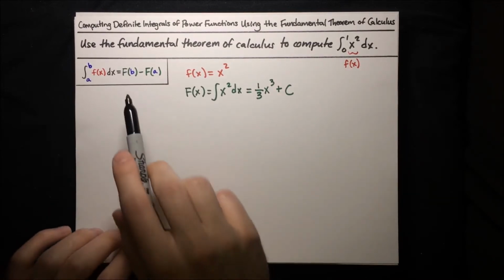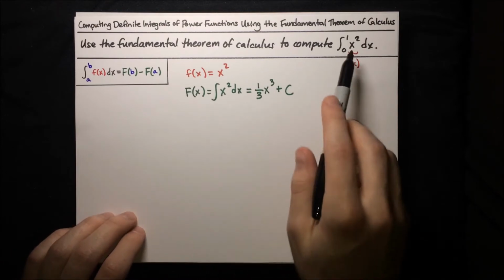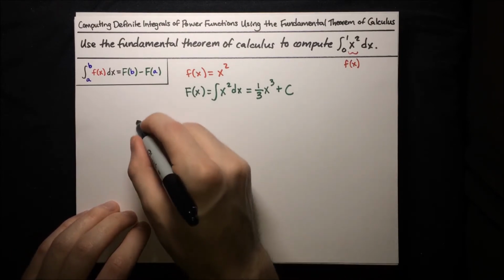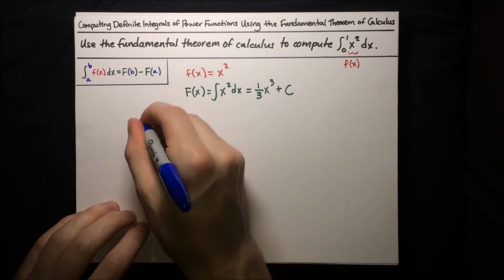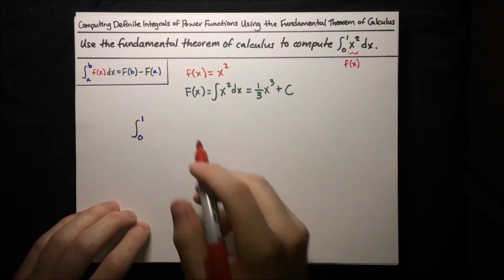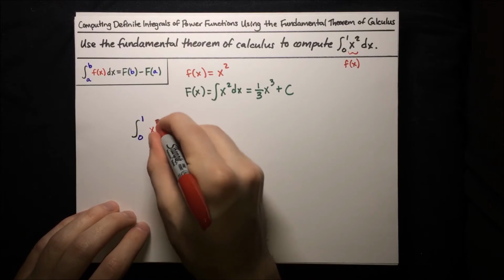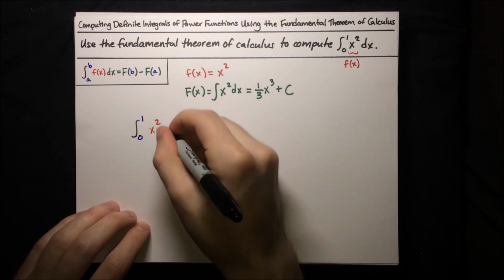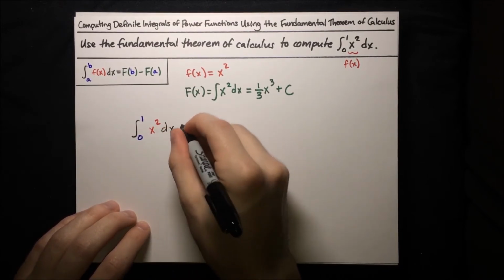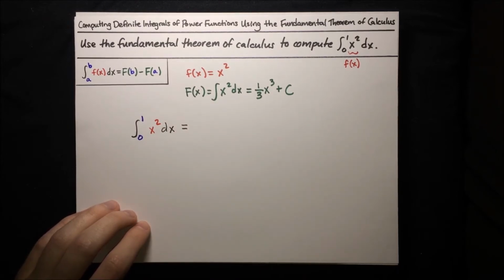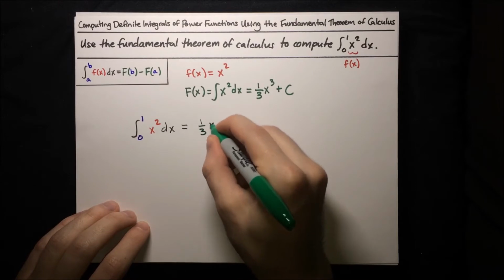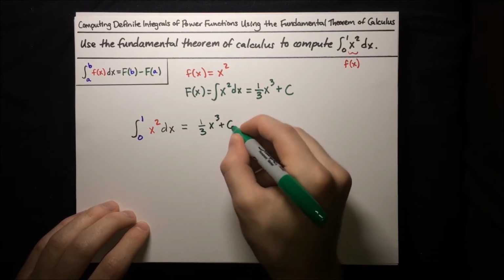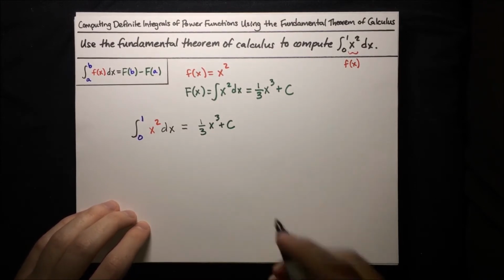So now let's write down that statement of the fundamental theorem for this integral in particular. For this integral in particular, we have the integral from 0 to 1 of small f of x, which is x squared dx, is equal to capital F of x, that antiderivative, so 1/3 x cubed plus constant, evaluated at the bounds.